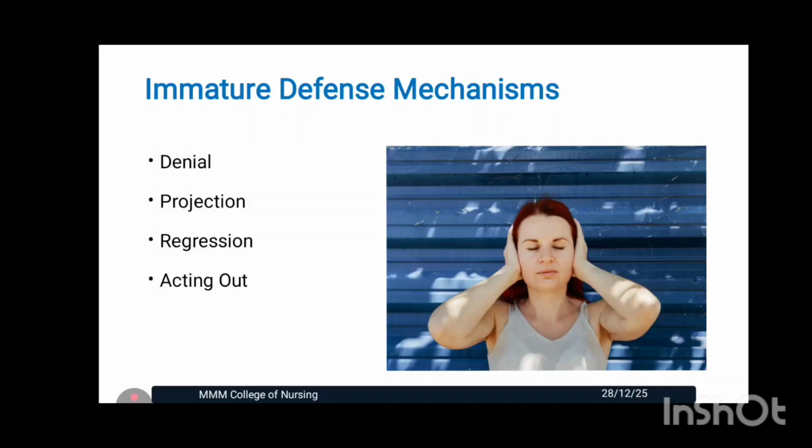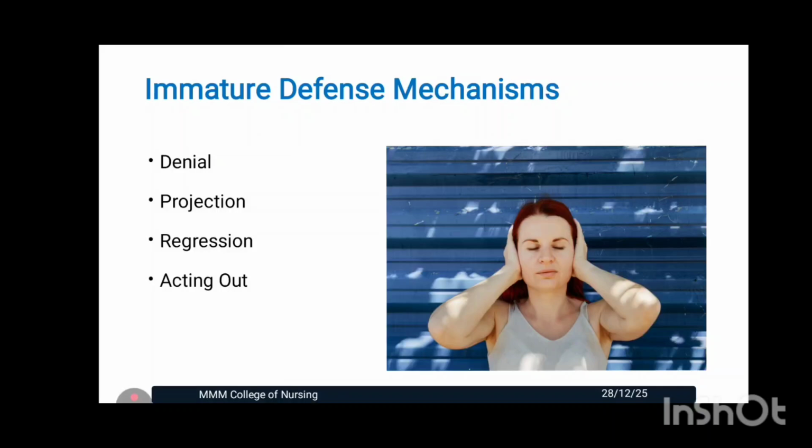Coming to regression. This is reverting to behavior of an earlier developmental stage. For example, a hospitalized adult patient starts crying and demanding attention like a child, or excessive dependence, childish anger, talking like a young child, or avoiding conflicts by becoming passive, etc., is an example of regression.